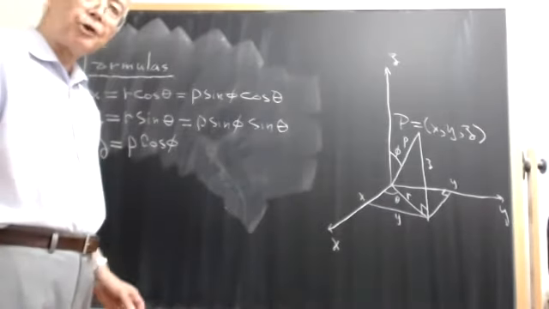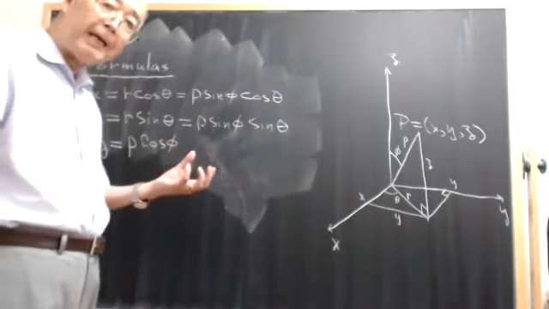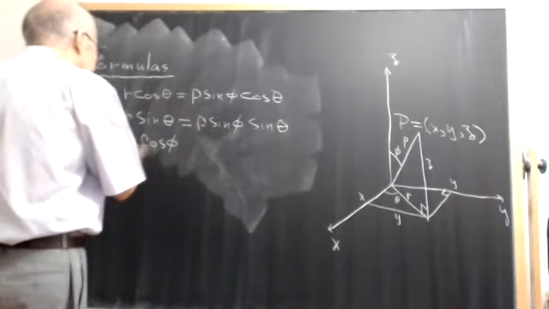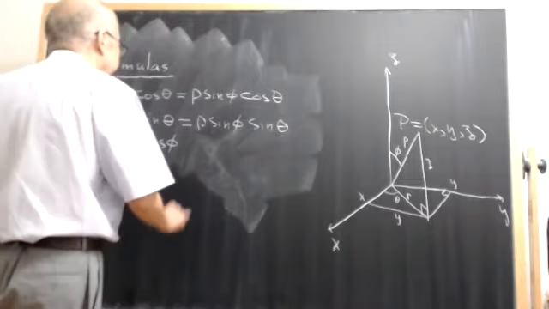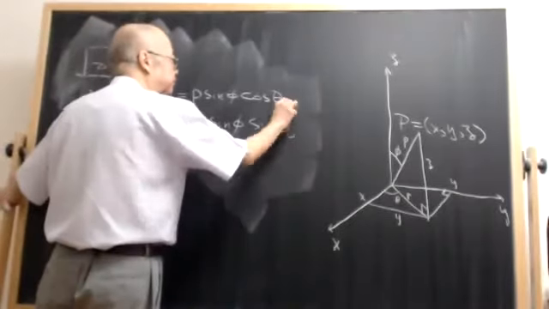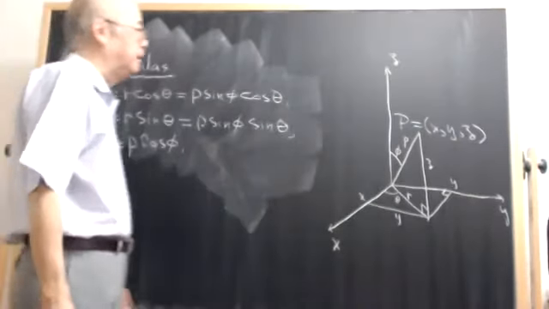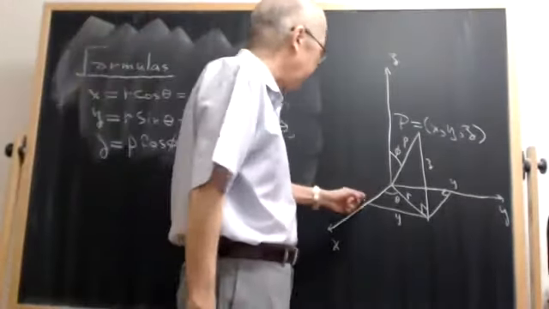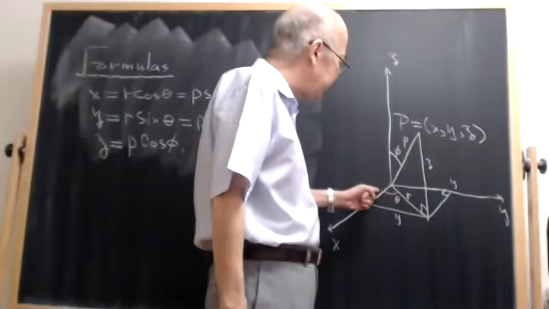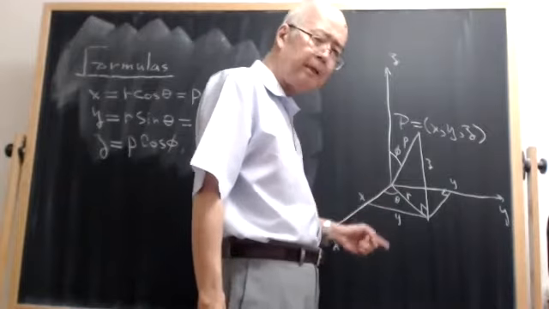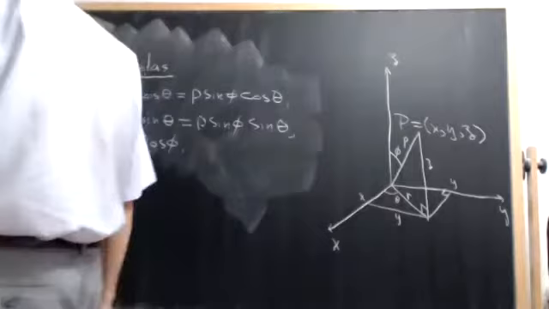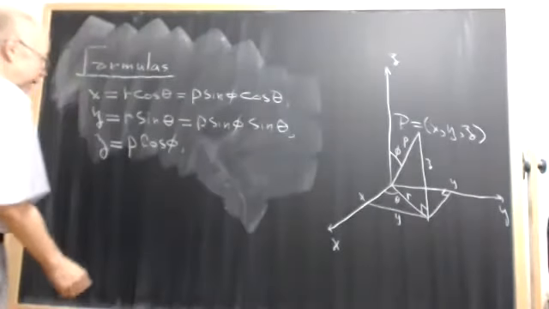Now let's also specify the range of each coordinate. Now, as before, this angle theta is usually taken to be from 0 to 2 pi.